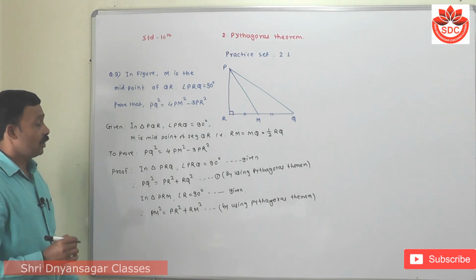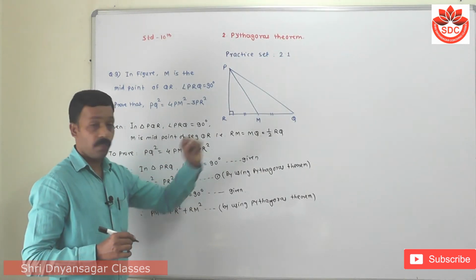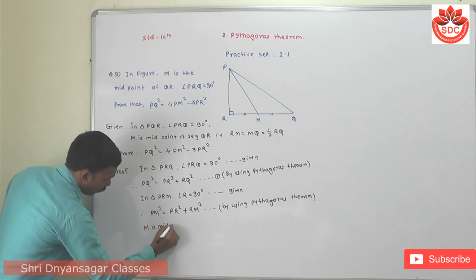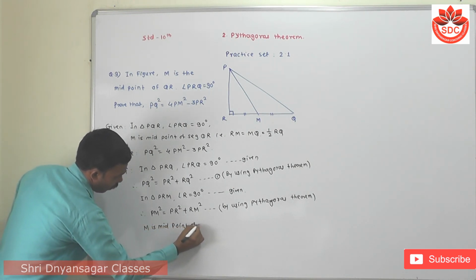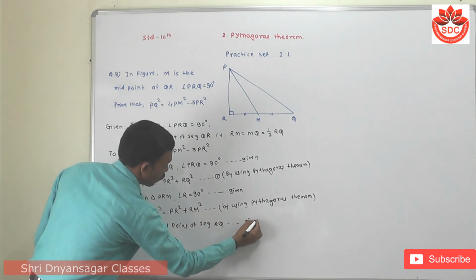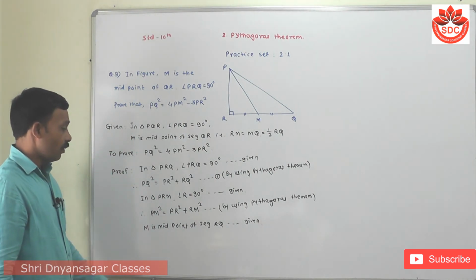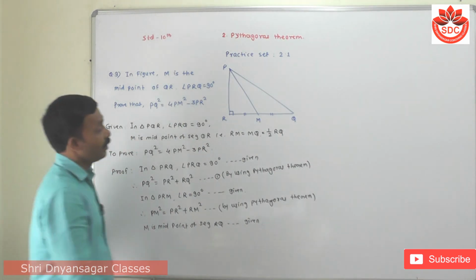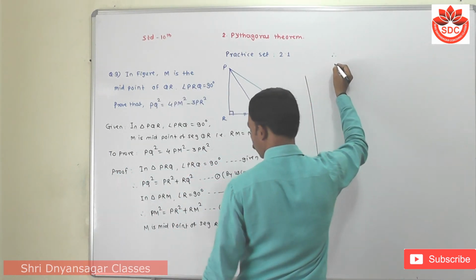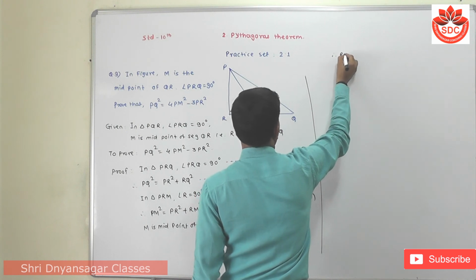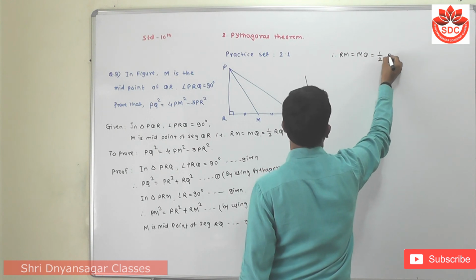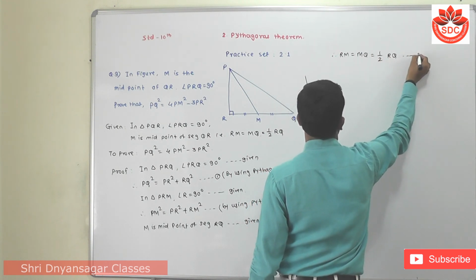Okay, then students, we take the point M is the midpoint of segment RQ. This is also given. Now, if it is the midpoint, then we write here, therefore, RM is equal to MQ is equal to half of RQ. This is equation, suppose, second.